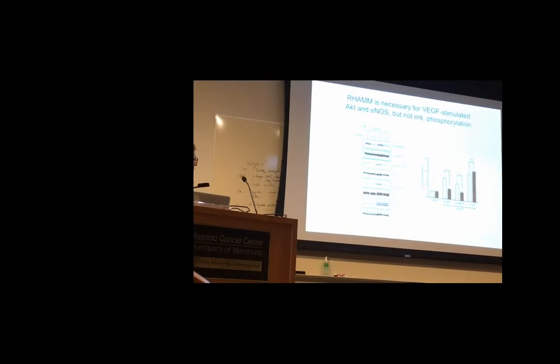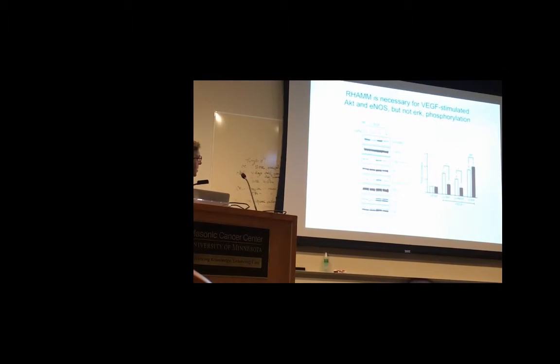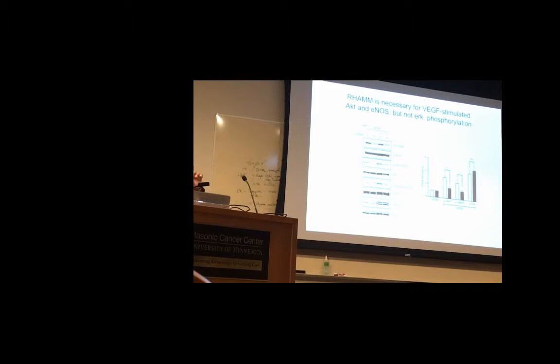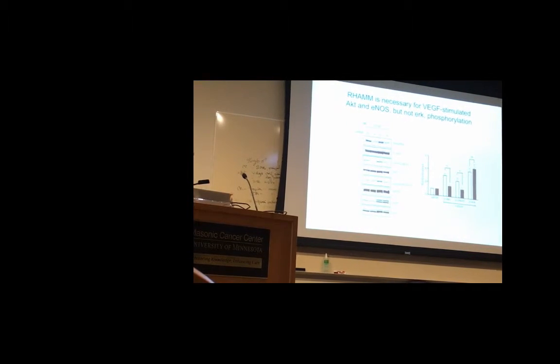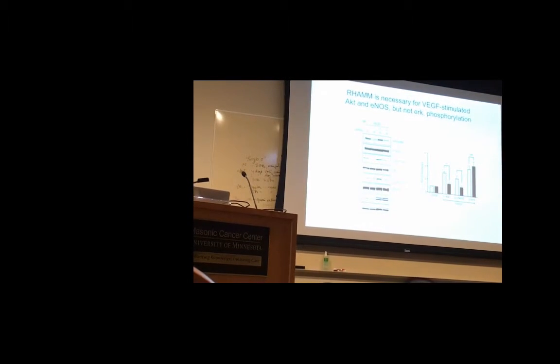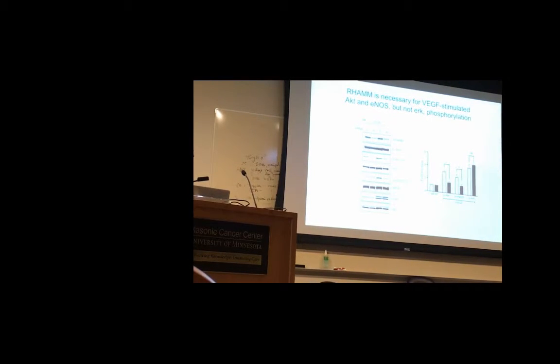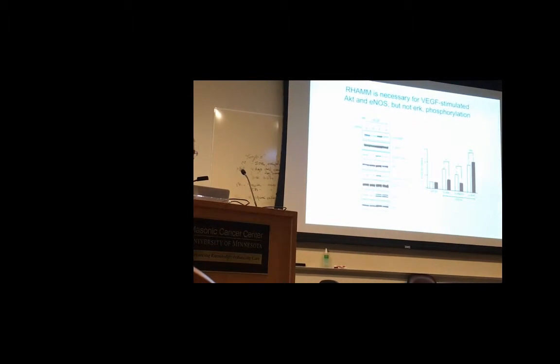That the knockdown of RHAMM knocked out AKT, eNOS, but had no effect on ERK. So it was a specific effect on the AKT, eNOS pathway and not the ERK pathway. And this is quantified here by increasing AKT and eNOS, which was affected by knockdown of RHAMM and no effect on ERK.